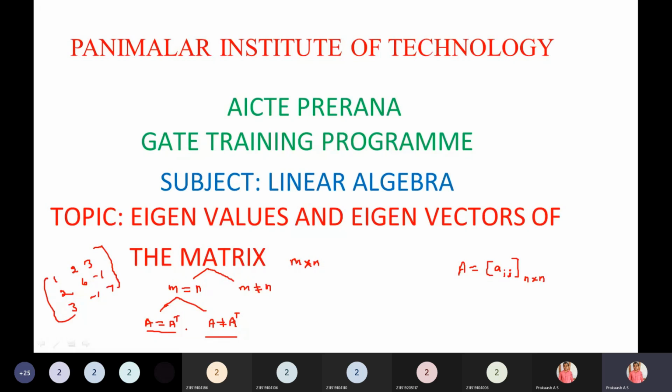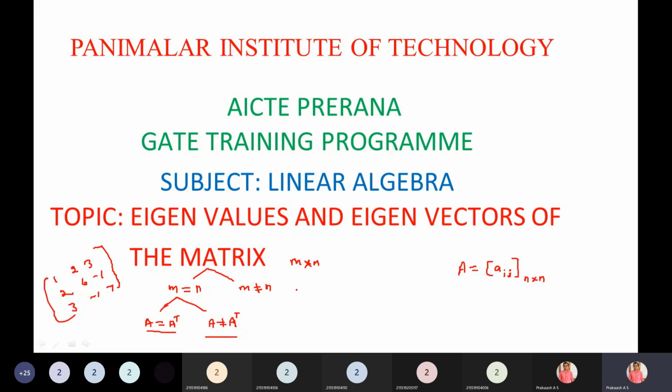We classify in the square matrix skew symmetric, Hermitian matrix, and many types of matrices, such as diagonal matrix, scalar matrix, identity matrix. This is a non-symmetric matrix. Now the important ones: a row matrix.